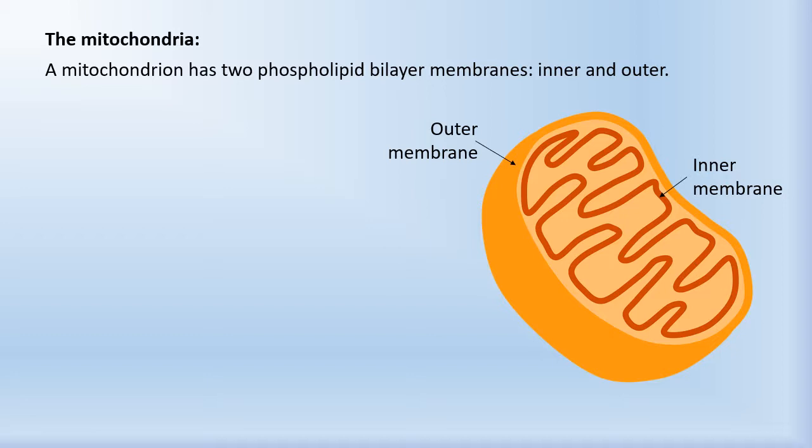The outer membrane enclosing the mitochondrion and the inner membrane create a space between them called the intermembrane space. The space inside the inner membrane is known as the matrix. The folds of the inner membrane create corridors known as cristae.